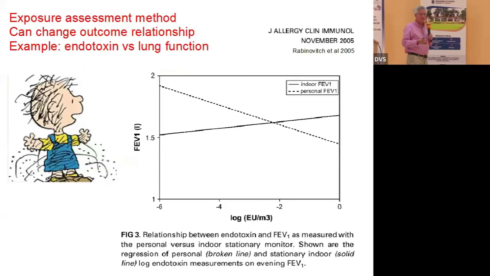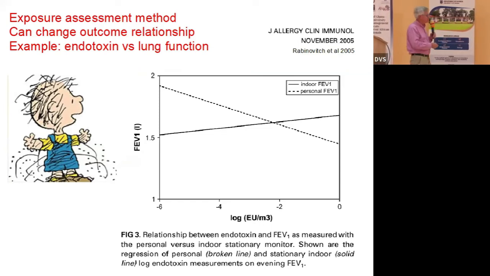And it mattered for lung function. If you looked at the indoor concentrations versus lung function, you'd say more endotoxins are good for your lung function.